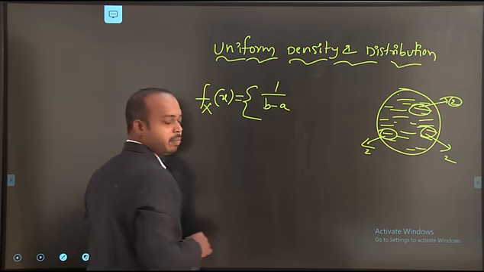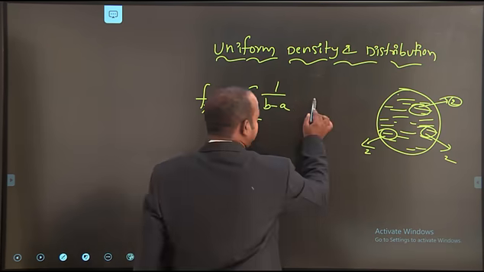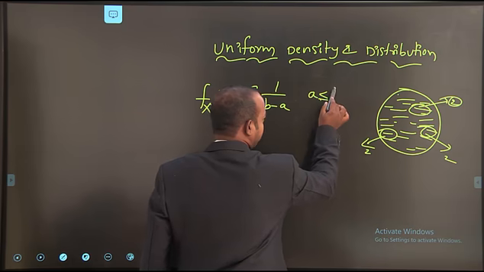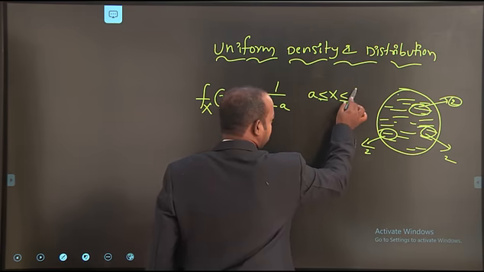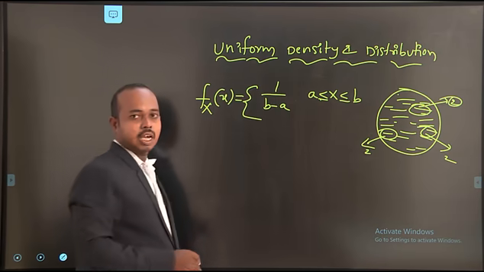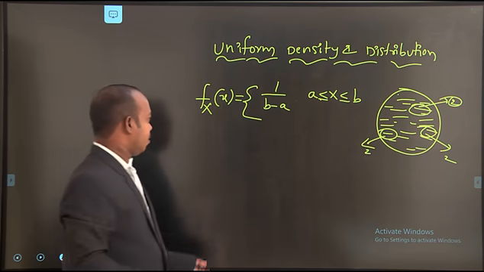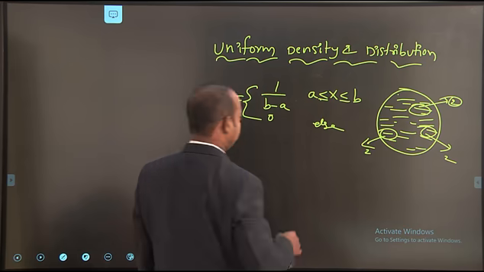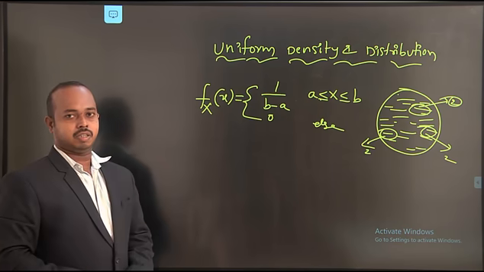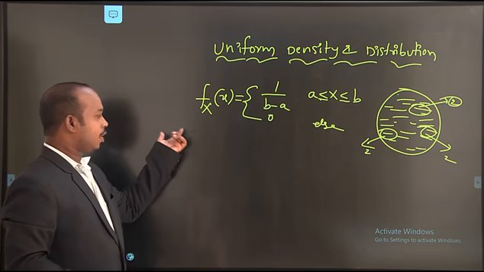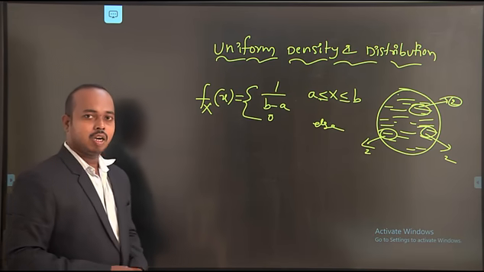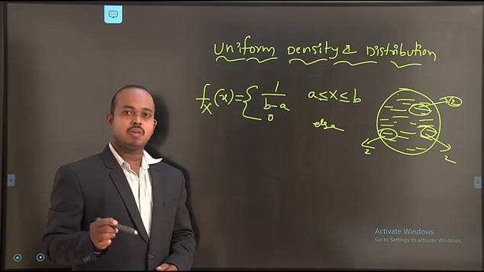The random variable lies between a and b, that is, a is less than or equal to capital X is less than or equal to b, and 0 for all remaining conditions. This is the fundamental definition of the uniform density function.